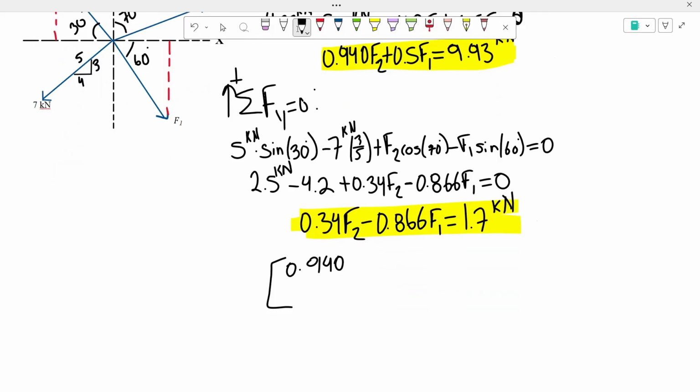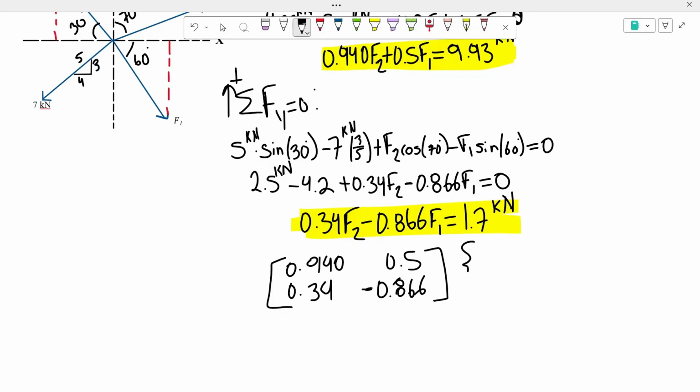So if we were to write this out, we would have 0.940. Remember, we are taking this from our x components. And then we have positive 0.5, so that would be our next number, 0.5. Now from our y components, we have 0.34, so 0.34. And then for our F1, we got negative 0.866.